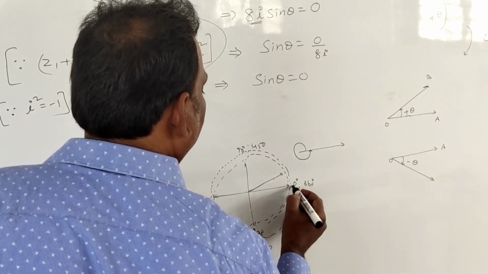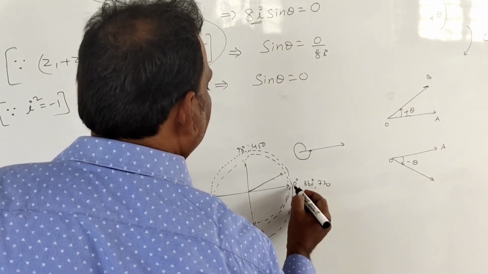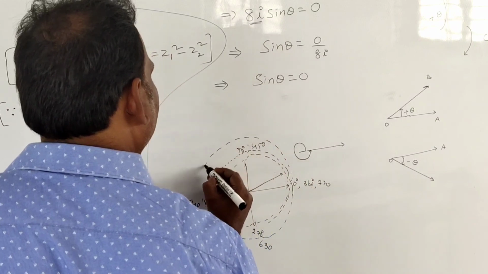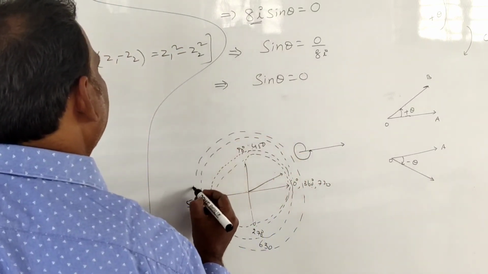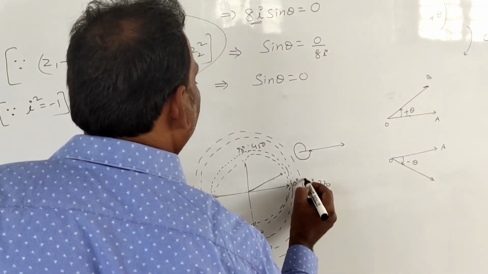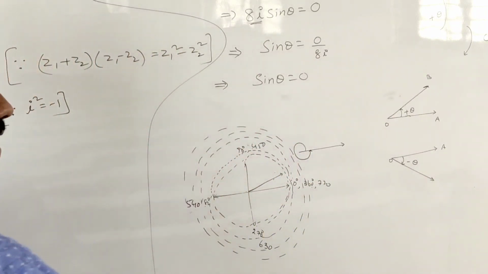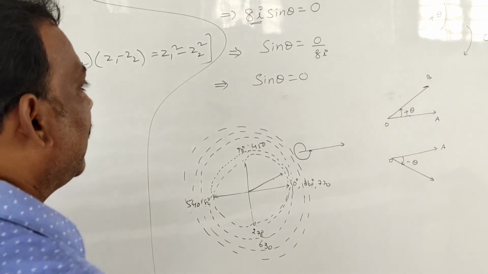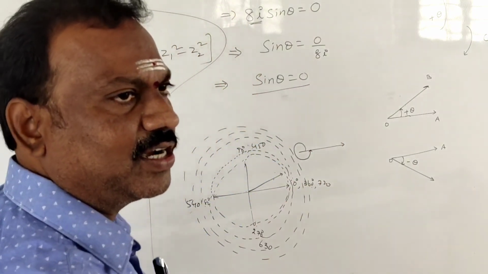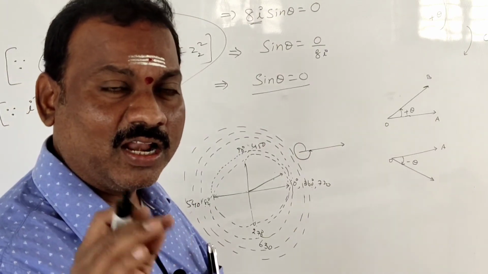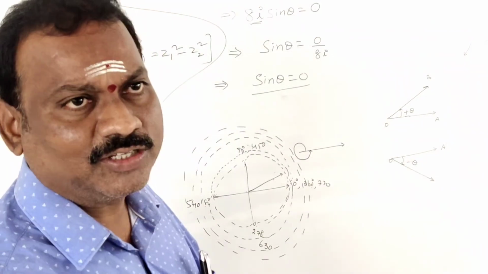Again it will come here, 720. Then it starts the third rotation. So the angle will not end at only one position. It will move in a circle to many places. We have n times the angle. That's why if you take the solution with n times, it is called the general solution. Always we have to give the answer in terms of the general solution.